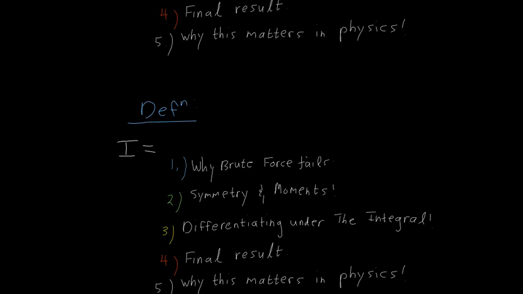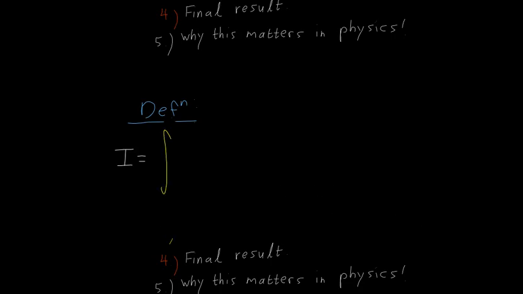Capital I is equal to the integral from negative infinity to infinity of e to the negative ax squared times dx. That's what we're going to be looking at.